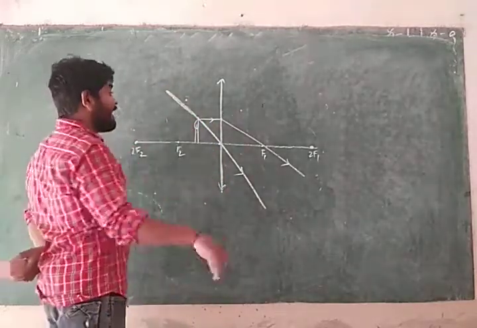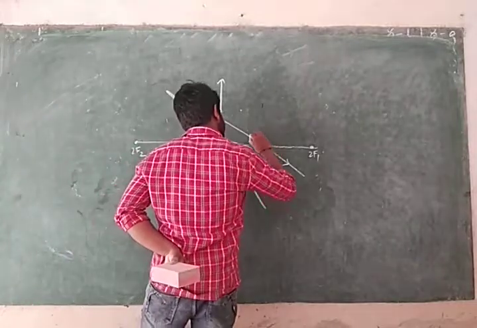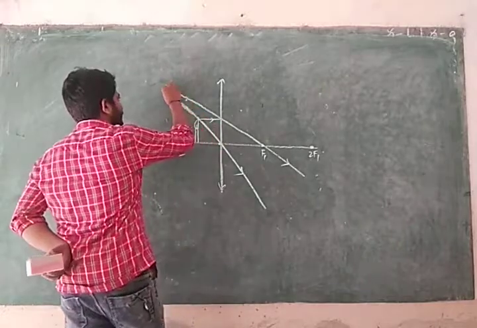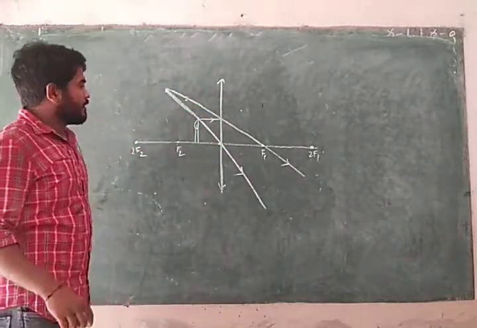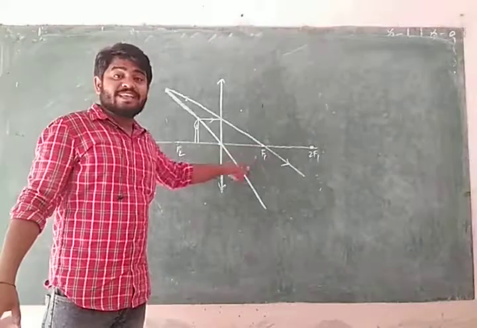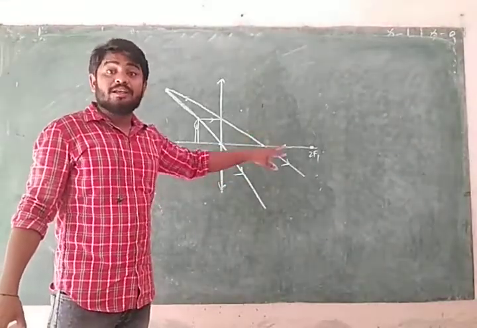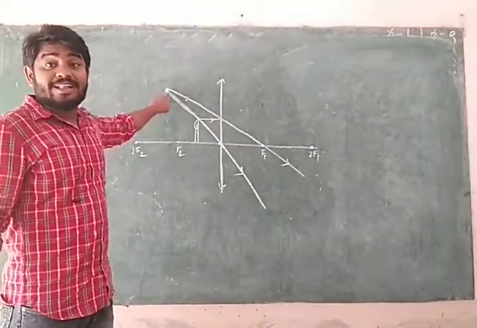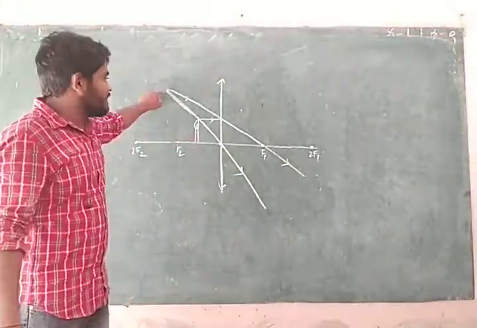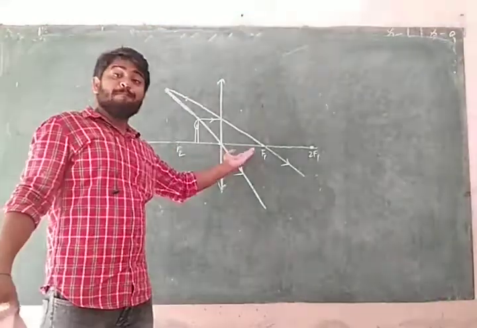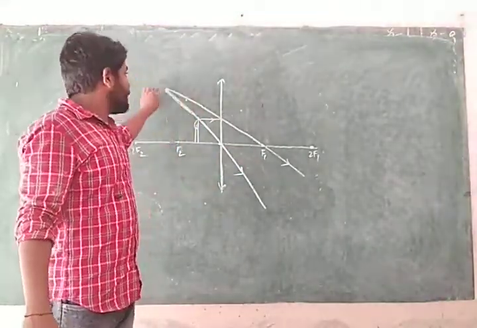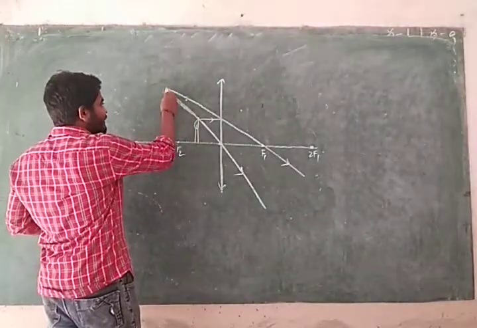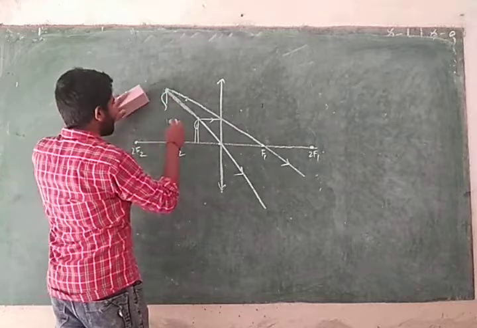And this is also a refracted ray; if you extend them back, see, the refracted rays are not meeting, but they appear as if they are meeting at a point, or they behave as if they are coming from this point. So here the image will be formed.